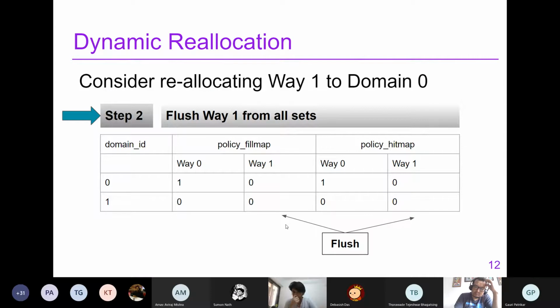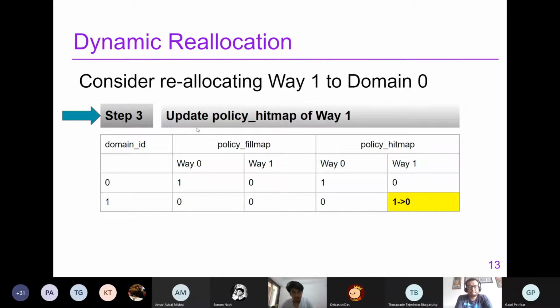Then we want to flush way 1 from all sets, because now that way 1 is being reallocated from domain 1 to domain 0, we don't want the information from domain 1 to go to domain 0, so we need to flush these. This requires some new hardware mechanism which allows the flushing of ways.